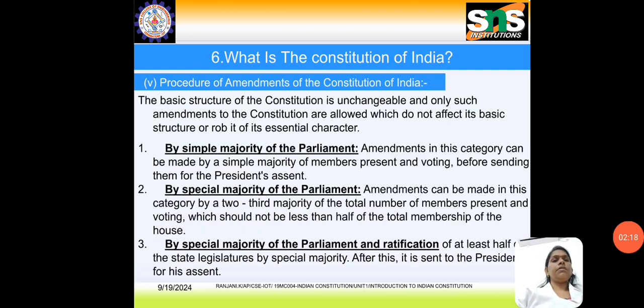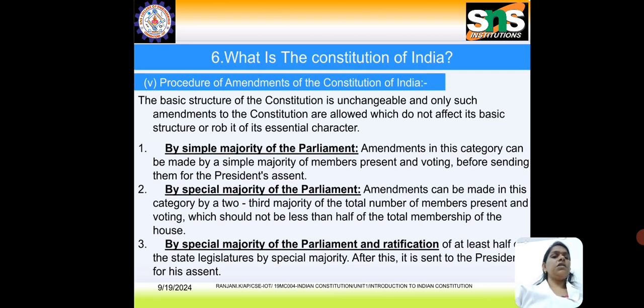Next, let us see the procedures of amendment of the Constitution of India. The basic structure of the Constitution is unchangeable. Only amendments which do not affect the basic structure are allowed. Some amendments can be made by simple majority of the members present and voting before sending them to the President, and others by special majority of Parliament. Special majority means two-thirds majority of the members present and voting.